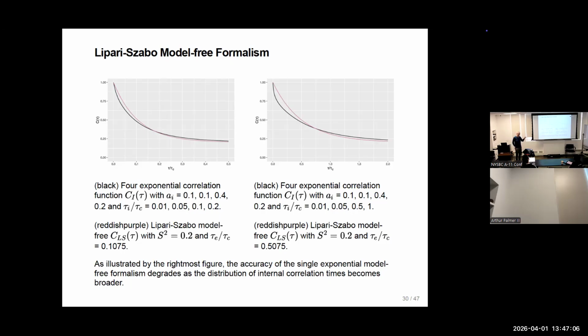It overestimates in one part of the curve, underestimates in the other part, because it has to conserve the area. But if I make the time constants very different from each other, this doesn't work so well. As you can see here, now there's a very fast initial decay, and the approximation doesn't capture that.